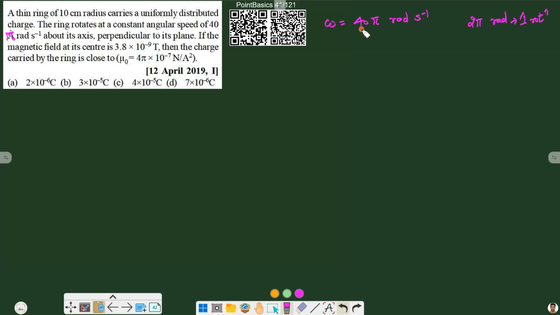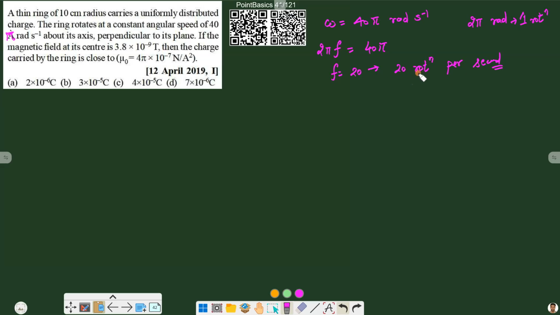So we can find out the number of rotations the charged particle is taking per second. So omega is 2 times the frequency, equal to 40 pi, and we can say frequency is equal to 20, so 20 rotations per second the charge is taking.